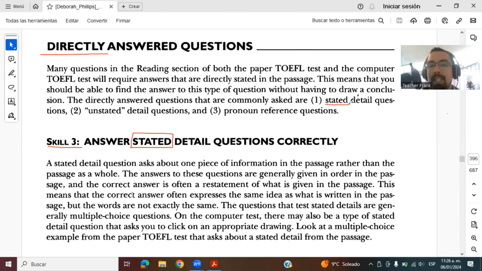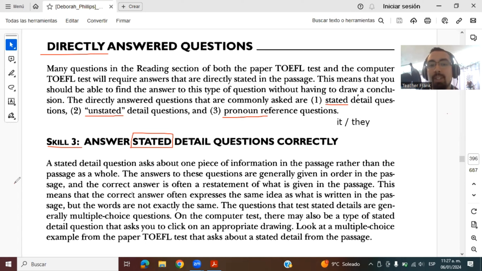You can find it in the text. For the second one, it's the information that is not stated, or unstated. That is, the information that is not true or not included or not mentioned is the one we're looking for. And the third one is pronoun reference questions, where they basically ask you what does it mean in this sentence, or what does they mean in this line, right?